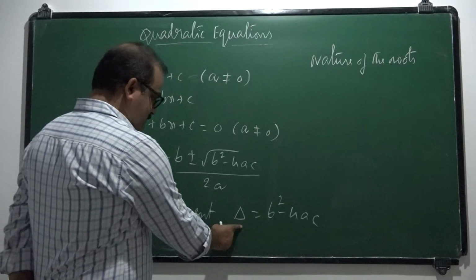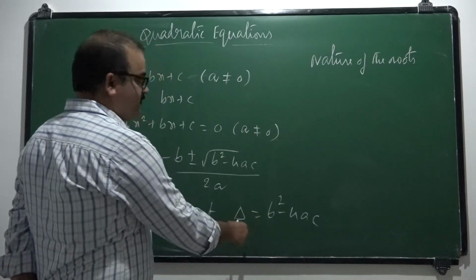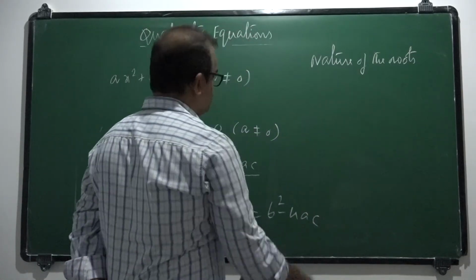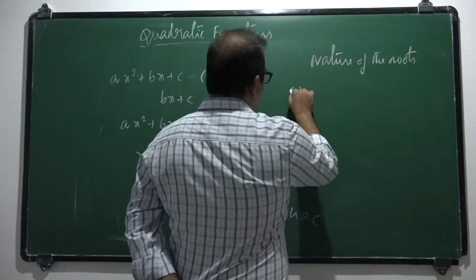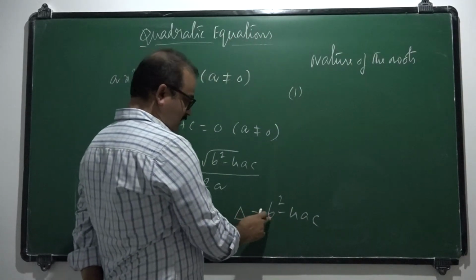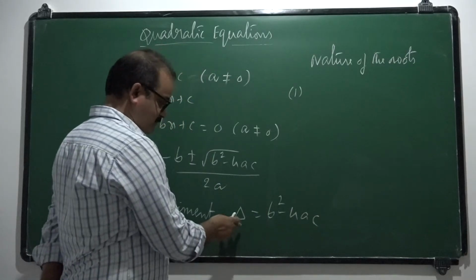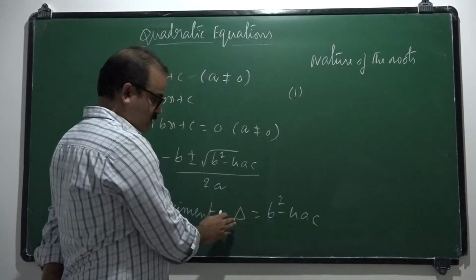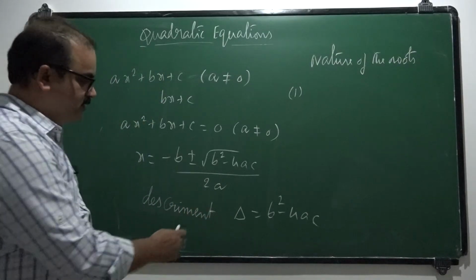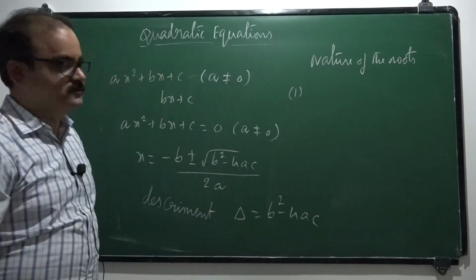Based on this discriminant value, we discuss the nature of the roots. Now first we find this value b square minus 4ac, that means delta value. It may be positive or it may be negative or it equals to 0.